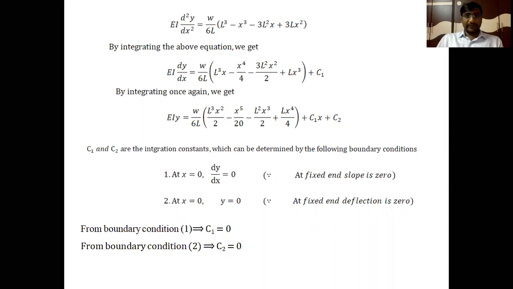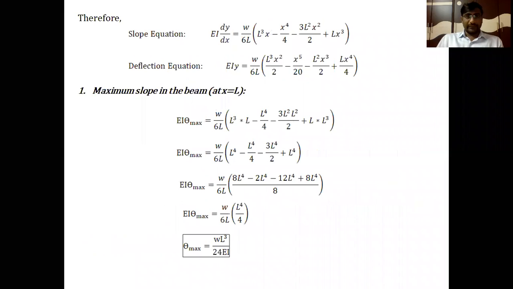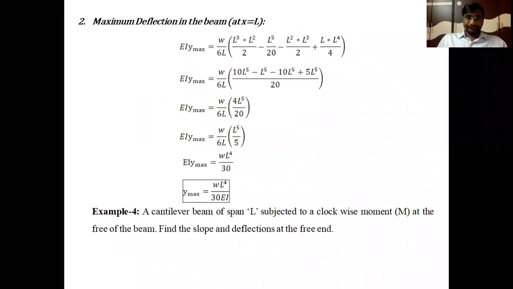We will get the two equations including the constants of integration. Substitute the boundary conditions in the equations to get the constants of integration. After getting them, write the final slope and deflection equations by eliminating the constants, and then find the slopes and deflections at each point of the beam, wherever asked in the problem, by substitution of the X value.